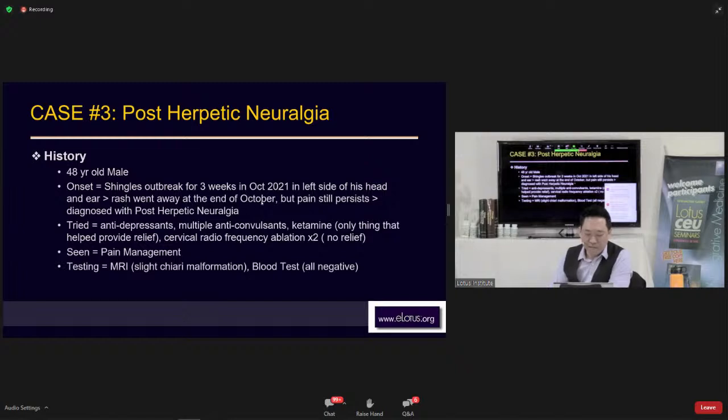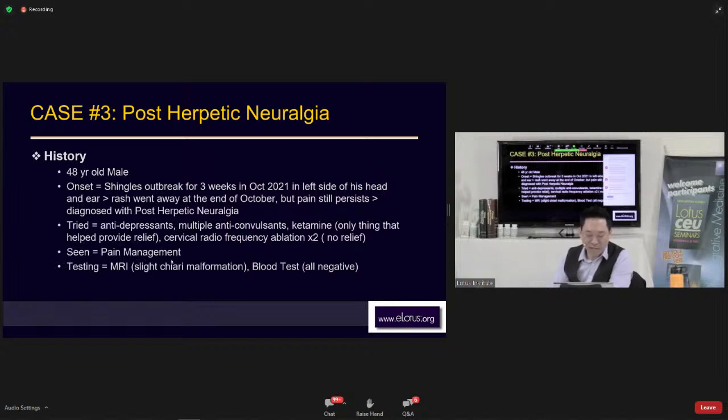The rash went away at the end of October, but the pain still persists. He was diagnosed with post-herpetic neuralgia. They tried antidepressants, multiple anticonvulsants, and ketamine, which was the only thing that provided relief. Cervical radiofrequency ablation twice, with zero results, and that was through pain management.